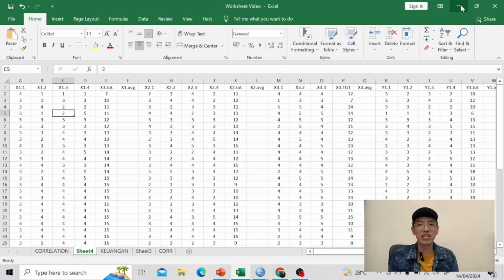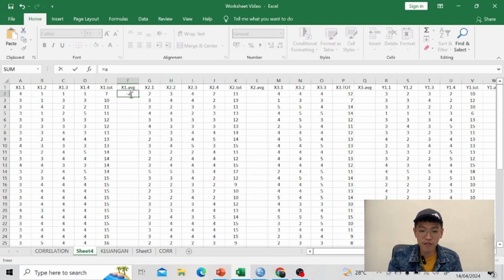However, several previous studies tried to convert ordinal variables into interval variables using MSI, but the output is not far different. Therefore, it is concluded that MSI is not effective yet. So it's okay for you to just use the ordinal variable in this linear regression. The most important thing is that you have to find the average of each variable's indicators. So for x1, find the average using the average formula.